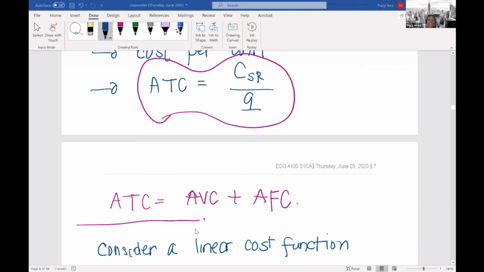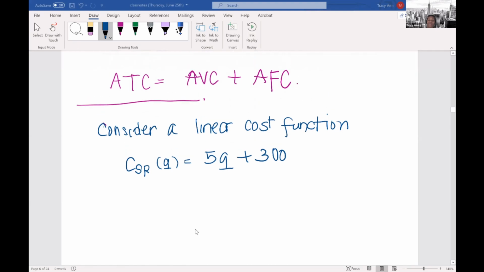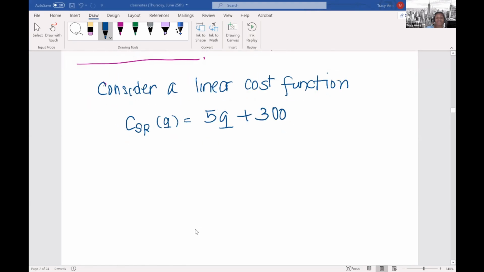Okay. So if I wanted to graph this cost function, this would be my quantity, and this would be my cost. It will start out when quantity is equal to 0. I have a cost of $300. So even if I'm producing nothing, I have a cost of $300. I have to pay the rent on the building, or I have to pay back interest on the loans I took out, regardless of whether I am producing or not.